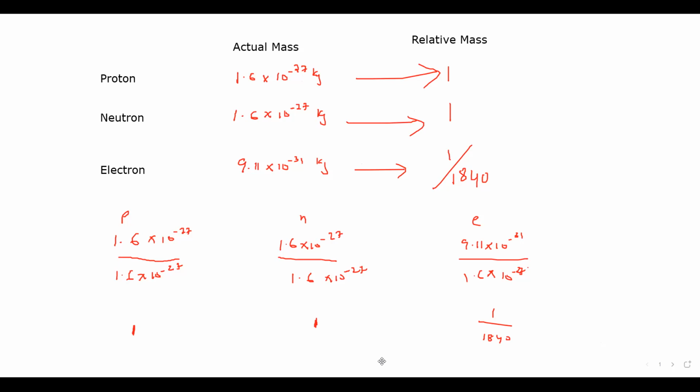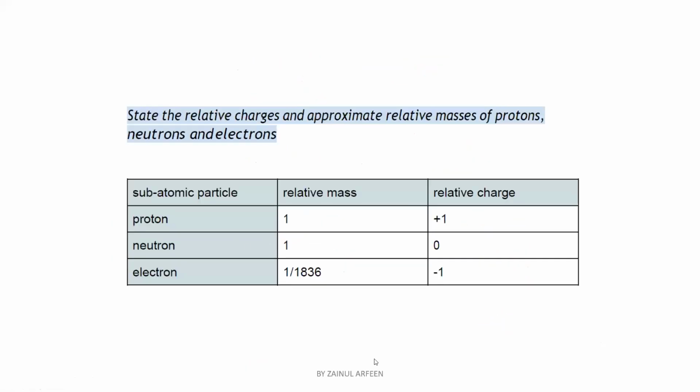So you have to learn their relative masses. The relative mass of proton is 1, relative mass of neutron is 1, and relative mass of electron is 1 divided by 1836, or you can also say 1 divided by 1840. Basically, you have to memorize these.